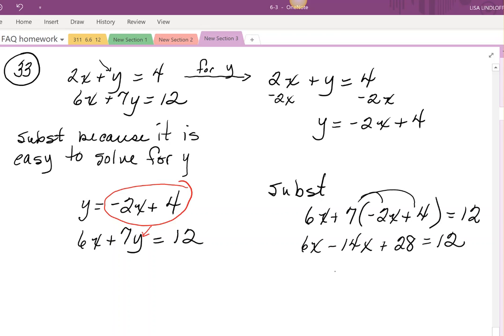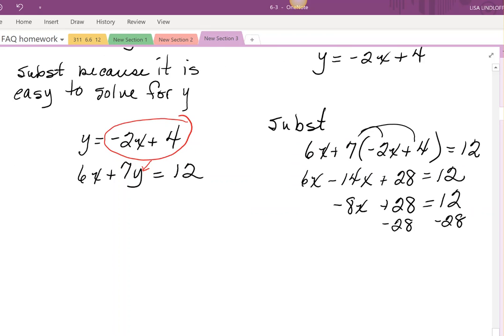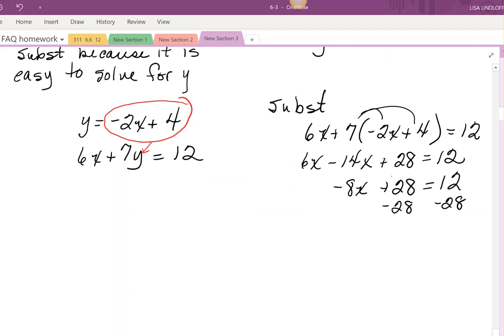Positive 6x and negative 14x is negative 8x, plus 28 is 12. Subtract 28 from both sides. Those cancel. I have negative 8x is equal to negative 16. Be careful with your signs. Divide by negative 8, and x is 2.